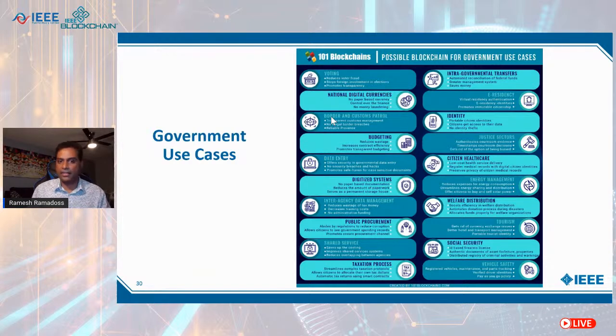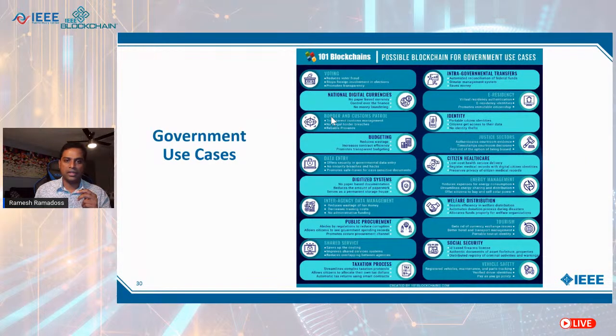I have a slide on that. And then we have budgeting, and also public procurement, and taxation, for collecting taxes, and also for funding projects. You could put everything on blockchain so you can track where the money comes from, who gets it, and how they spend it. You can completely see everything.